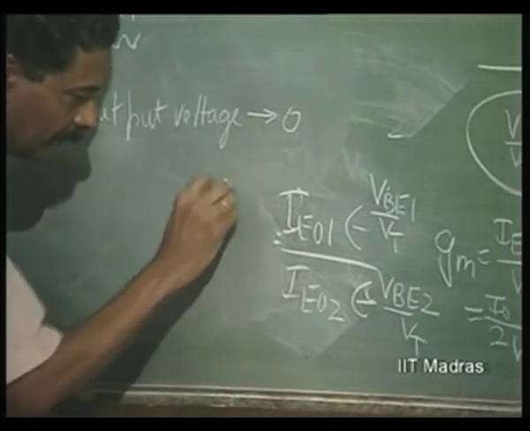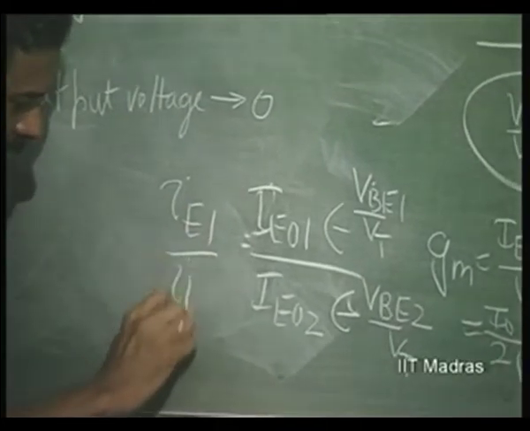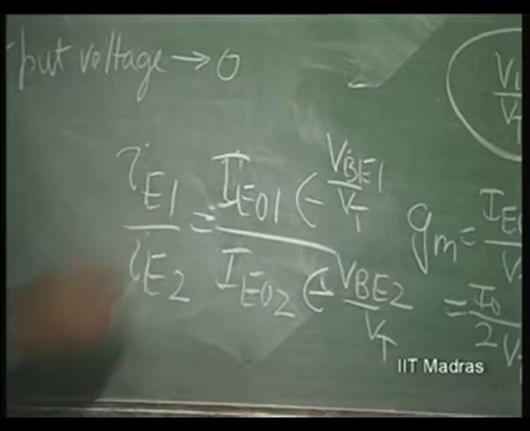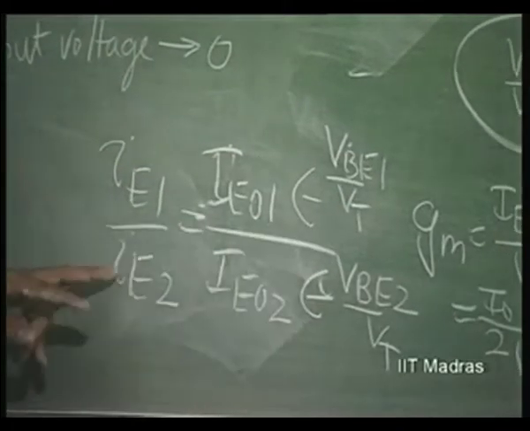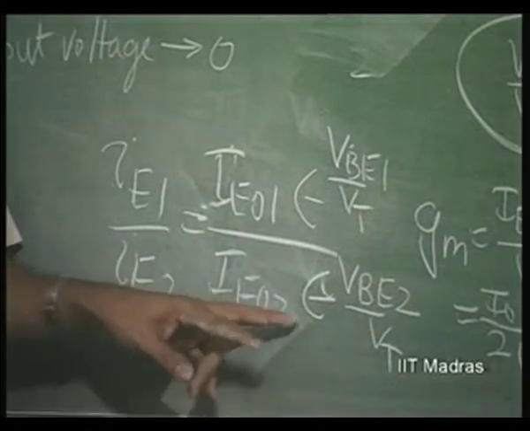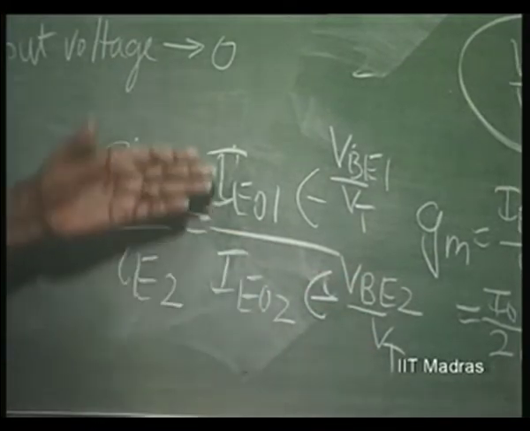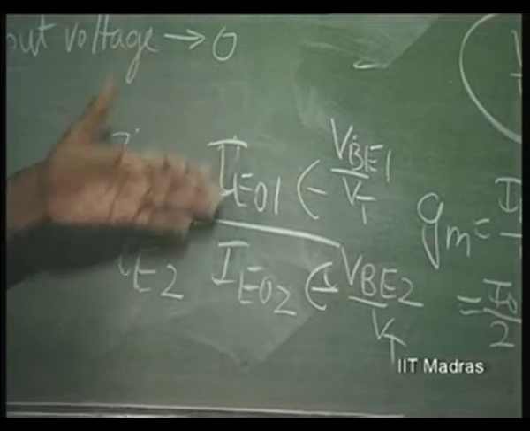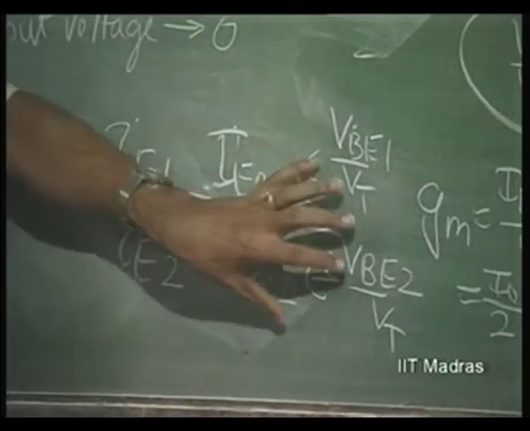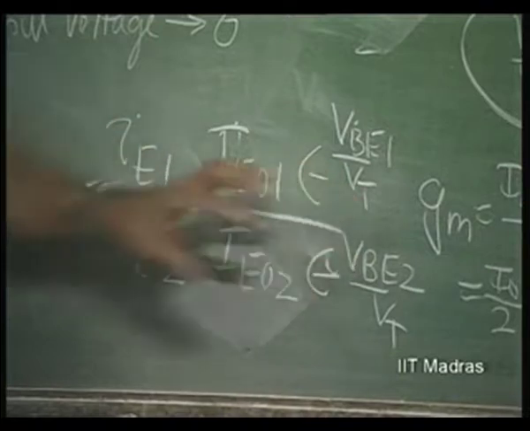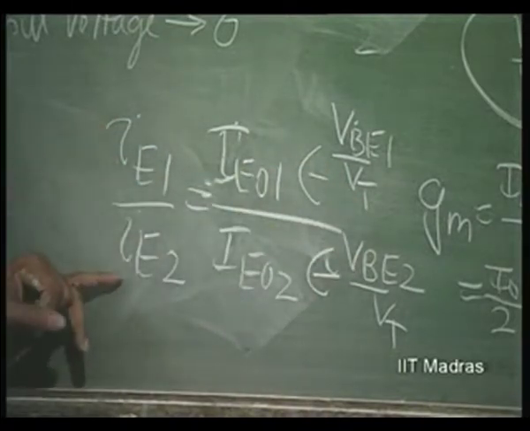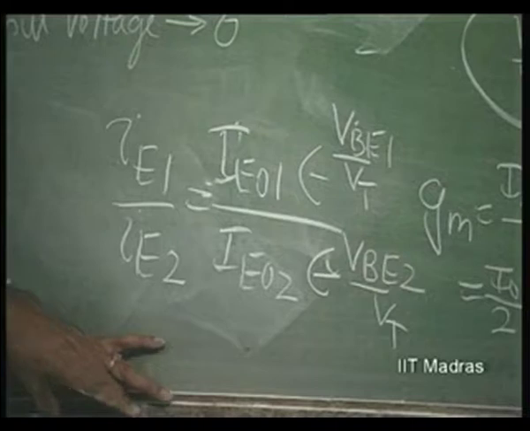This was equal to IE1 by IE2. IE1 was IE01 exponent VBE1 by VT. IE2 is equal to IE02 exponent VBE2 by VT. When IE01 was equal to IE02, this was exponent VID by VT, and this should then become equal to 1.